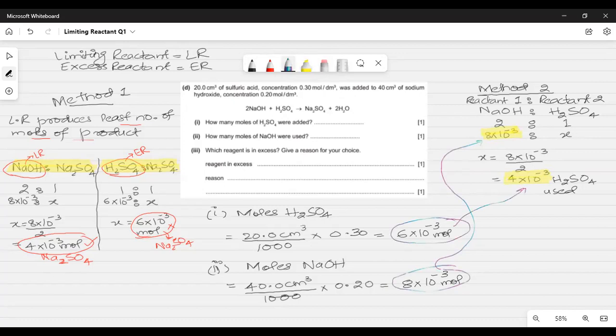So that means H2SO4 is an excess reactant. So this one is definitely ER because you have already consumed all of your NaOH. So this one is LR. Why limiting reactant? Because you have completely used it.